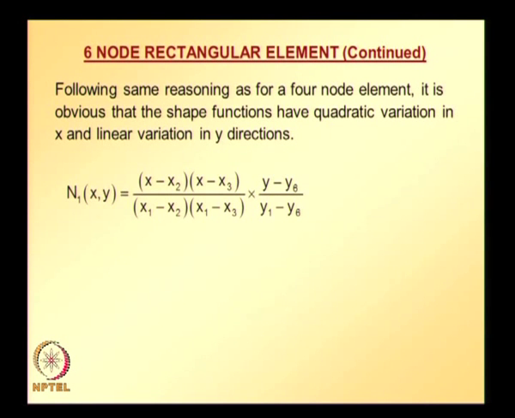So, following the procedure that we adopted for a 4 node rectangular element, we can derive in a similar manner shape functions for all 6 nodes of this particular element. Here n1, the shape function of node 1, is Lagrange interpolation formula in x direction, which is going to be quadratic because there are 3 nodes in x direction, times Lagrange interpolation in y direction, which is going to be linear because there are 2 nodes in y direction.